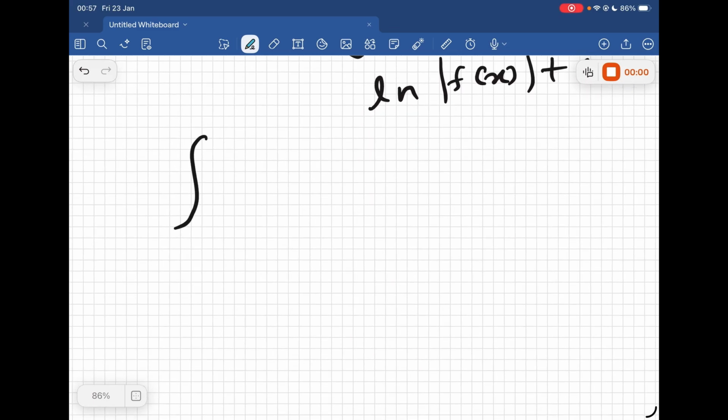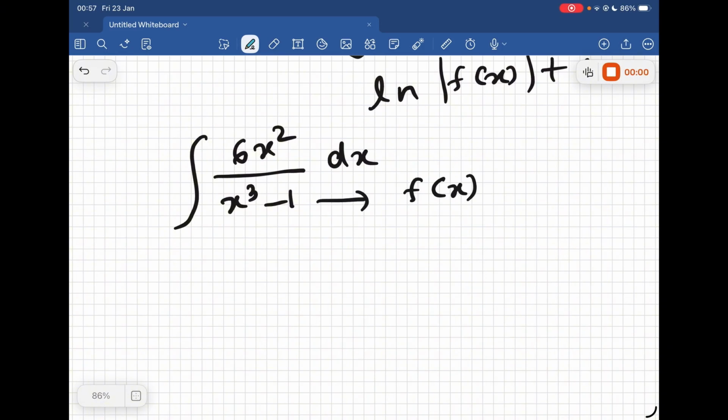So the first question, the integral of 6x squared, the denominator is x cubed minus 1. In this question, we have to identify the denominator. Let me take it as f of x. Then we have to find the derivative of this f of x, which is the derivative of x cubed minus 1, which is 3x squared.